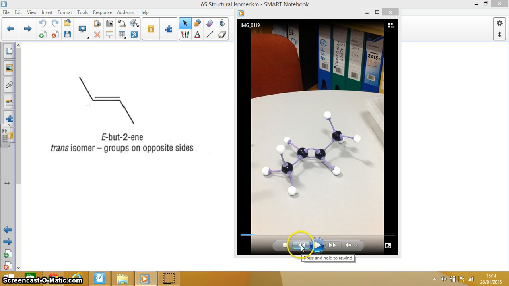So firstly, let's look at E-but-2-ene. You can see that the 4 carbon atoms are actually in the trans configuration.